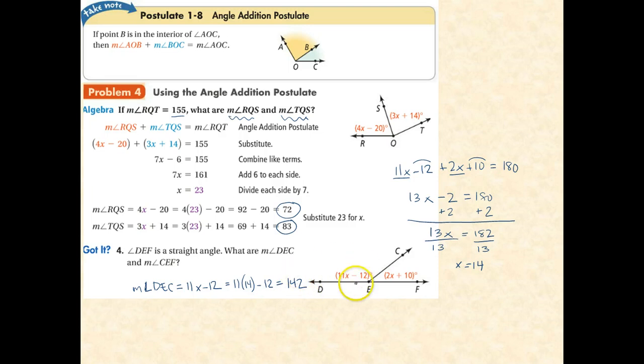And that makes sense because this is a big obtuse angle. This one is an acute angle, so we should get a number less than 90 for angle CEF. That's 2x plus 10, 2 times 14 plus 10. Let's see, that's 28 plus 10, 38 degrees.